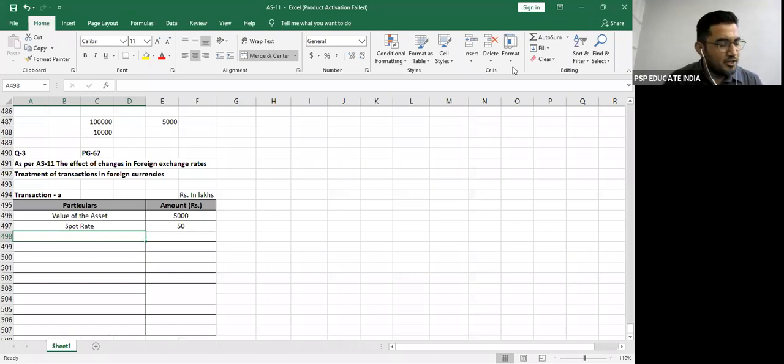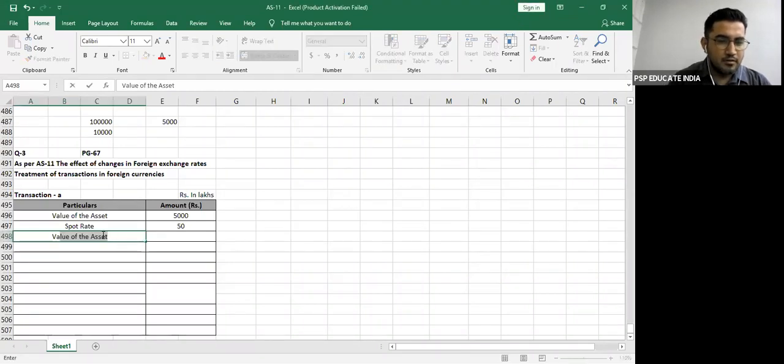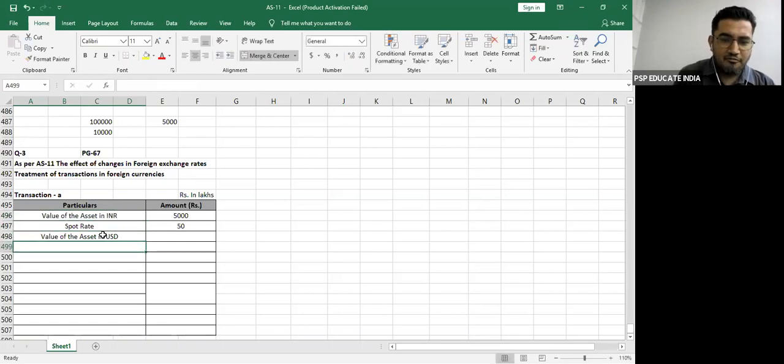Quickly on the chat box, will you multiply or divide? Of course, you will divide. So let's find out the value of the asset in USD. You have 5,000 divided by 50. You get US dollars 100.